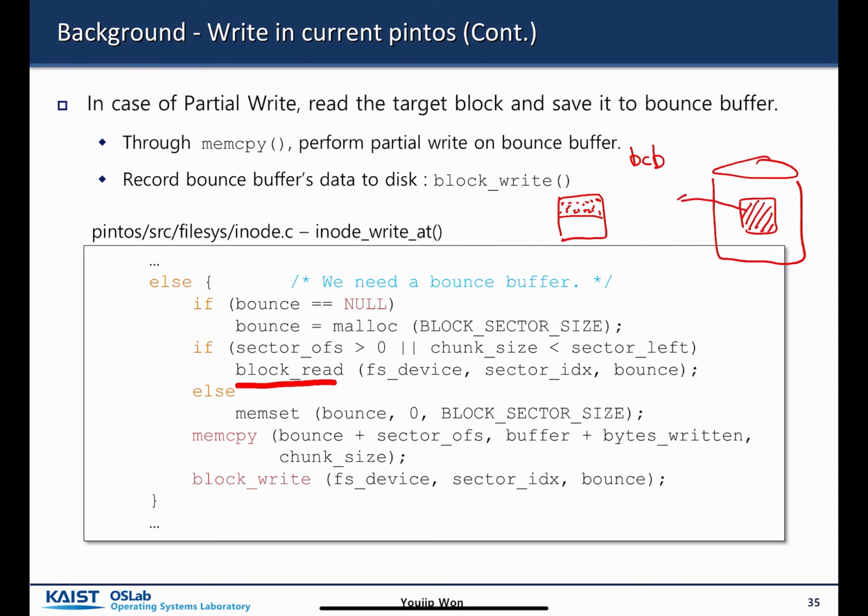Then you read the data blocks from the disk to the bounce buffer, and then copy this portion to the bounce buffer, updating part of the contents in the bounce buffer. This is the first step, and this is the second step: writing the contents of the bounce buffer to the disk. This is how you update the disk block. That's easy, huh? So you're done.